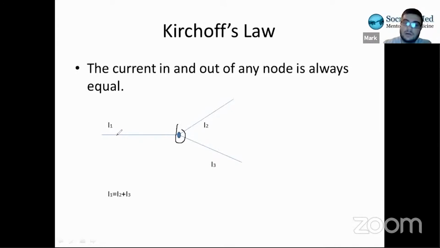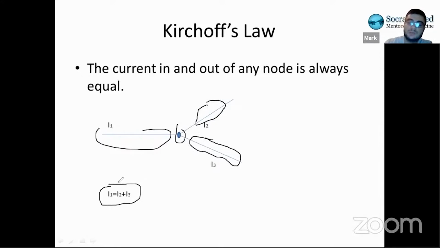I1 is the current running through this one line, I2 is the current running through here, and I3 is the current running through here, right? And then you can say I1 equals I2 plus I3, because all of the current going into this one node must equal the current coming out, right? You can't just get rid of current, or make current out of nothing.